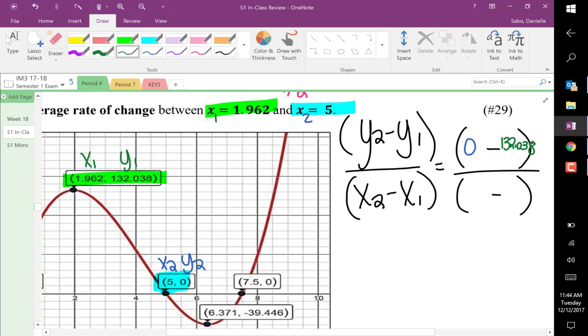Sorry, I'm running out of room. My parentheses there. Let me write that for you. Okay, what's my x2? 5. What is my x1? Good, 1.962. Take out your calculator and plug that in, because now you have everything you need. See, it's not that hard. You just need to take your time.